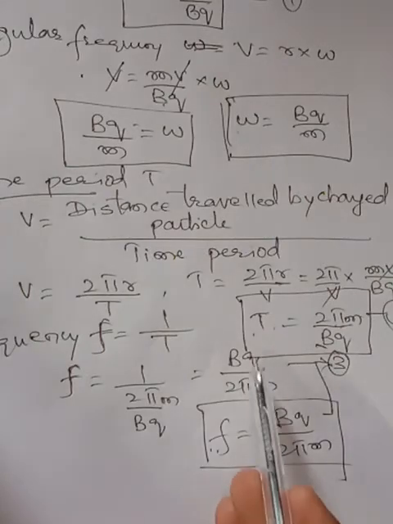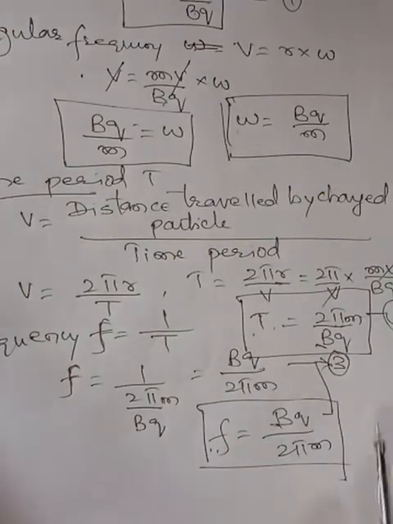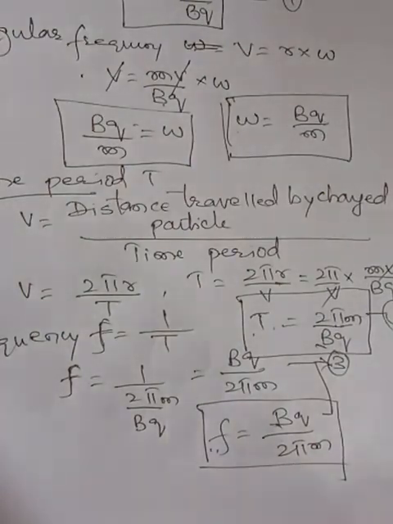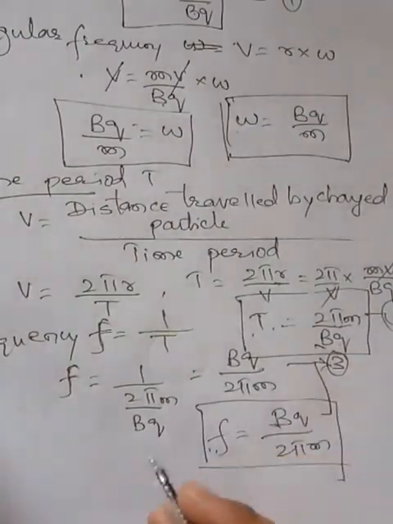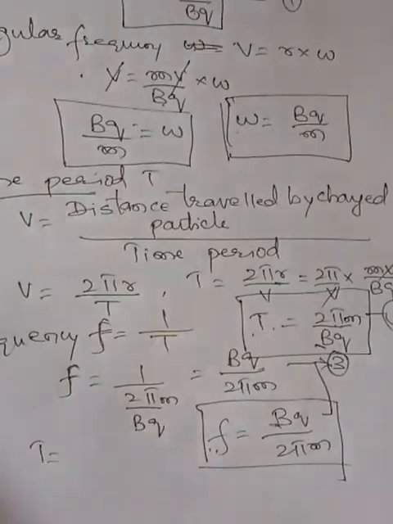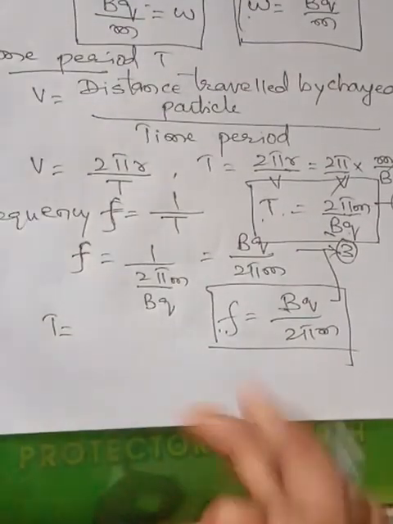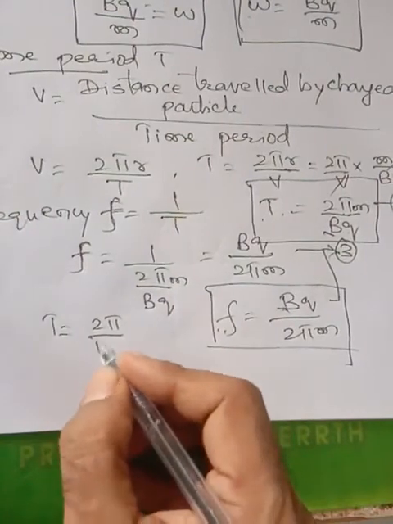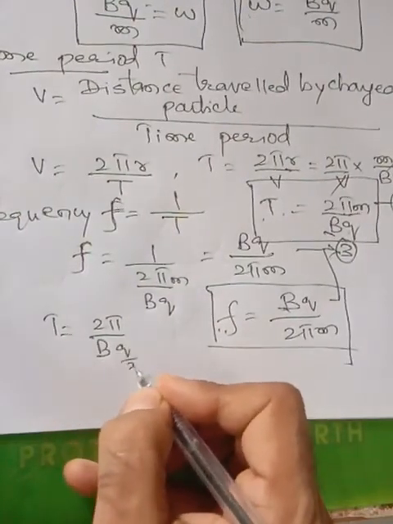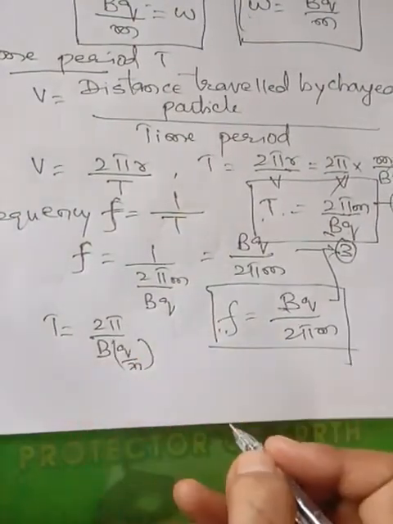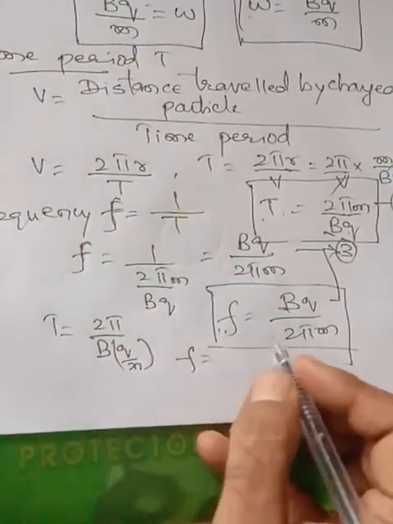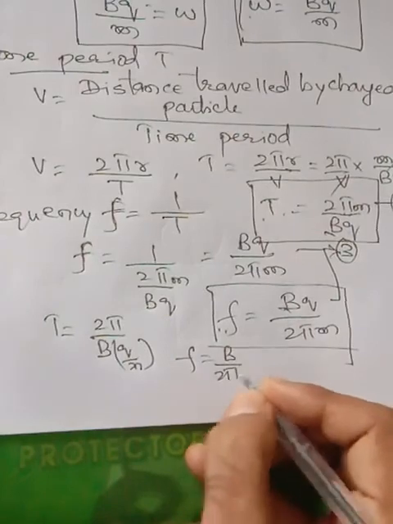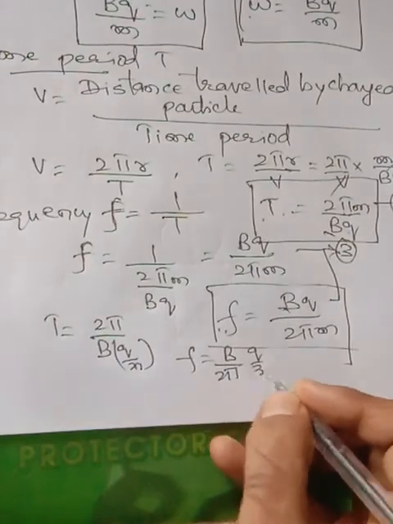Not only that, but both depend on the value of specific charge q by m. This can be written as t is equal to 2 pi divided by b q by m. Similarly in frequency also, b by 2 pi q by m.